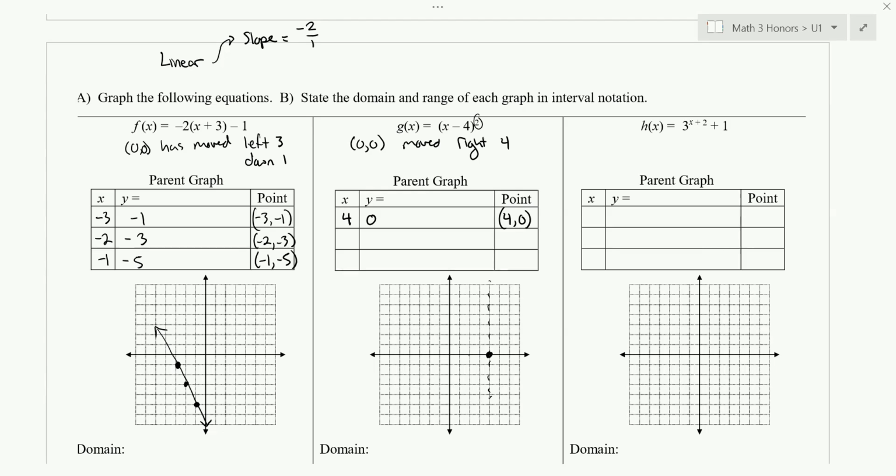If you go too far away, you're going to get something off the chart because they grow pretty quickly. So stay close to that vertex. I'll pick 2. So I'll just go 2 to the left and then plug it in and see what you end up getting. So if I plug that in, I'm going to get 2 minus 4 squared, negative 2 squared, which is 4. So 2, 4.